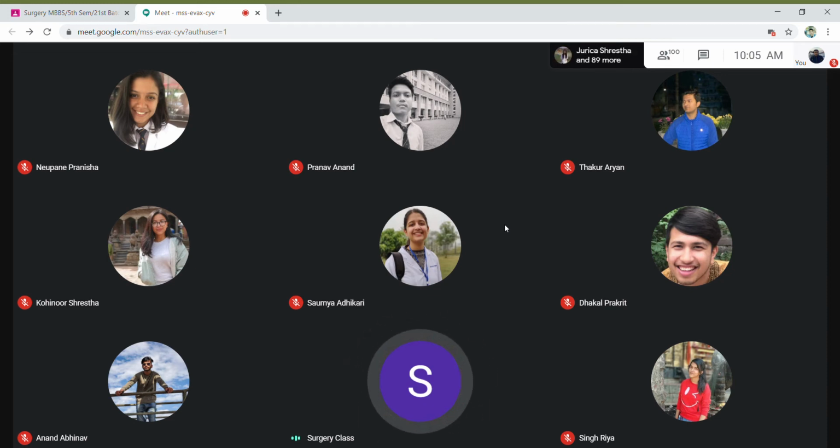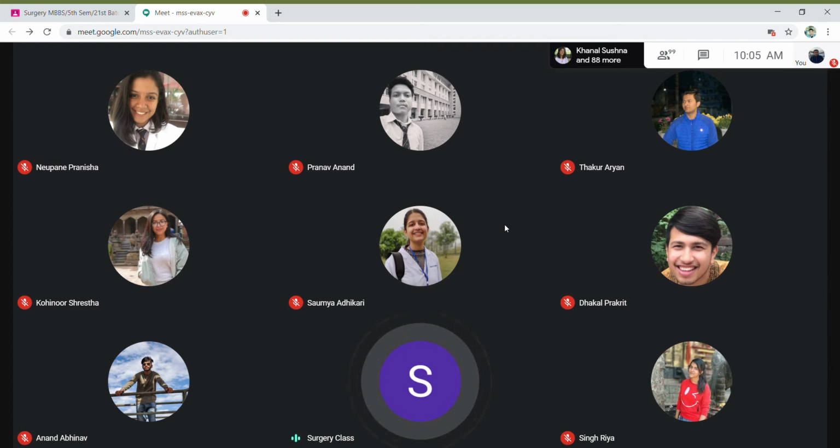Similarly, if the stones pass into the common bile duct from the cystic duct, and if a stone gets impacted in the common bile duct, the patient will develop obstructive jaundice because of obstruction of the common bile duct. Similarly, the patient can have inflammation of the common bile duct, which we have already described earlier, that is cholangitis. So in the common bile duct, there may be cholangitis or obstructive jaundice.